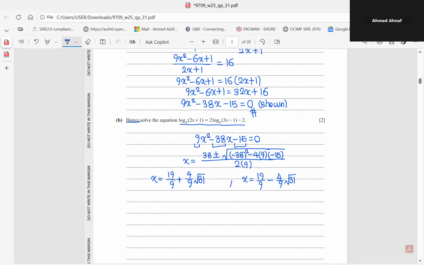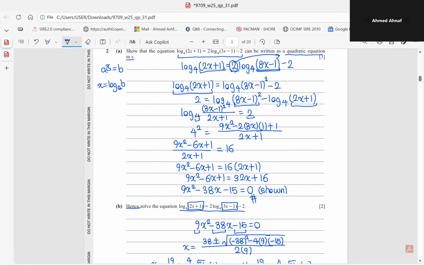And we're going to see which one is positive. So this is the positive one, and that is negative. Why this matters is because in a logarithm, this number after the base cannot be less than 0, because, as I said, this is what a logarithm represents.